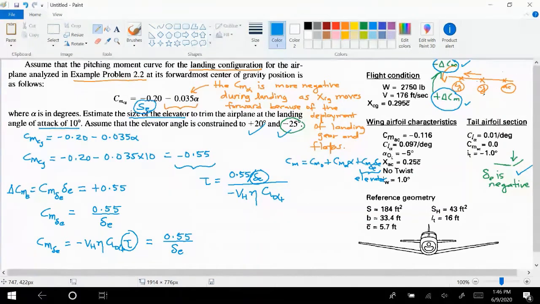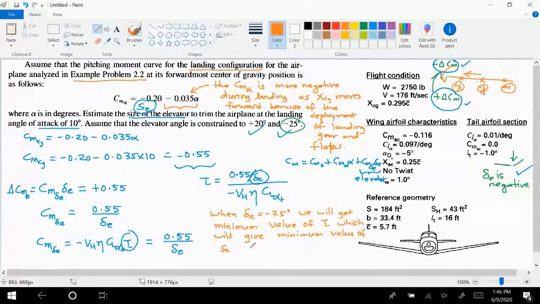of the elevator. Okay, just a note here that when delta E equals negative 25, and we should choose negative, we will get the minimum value of tau, which will give the minimum value of SE, right?